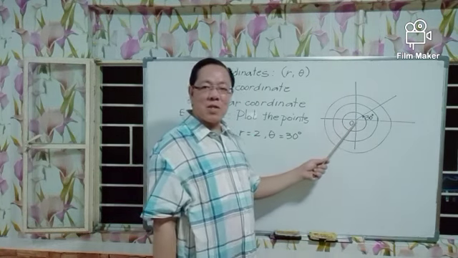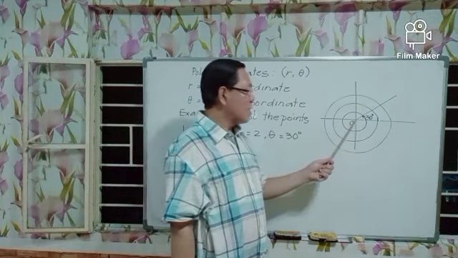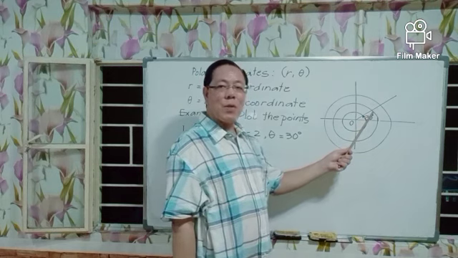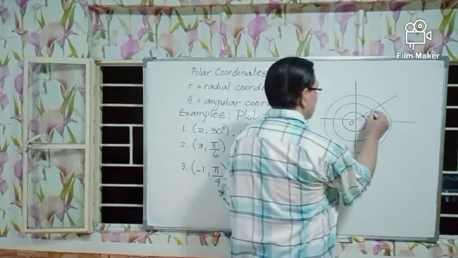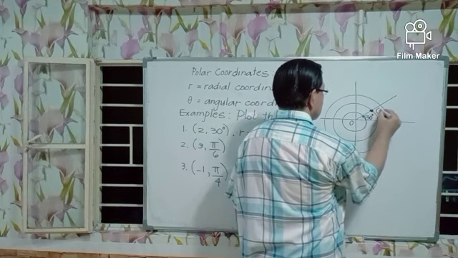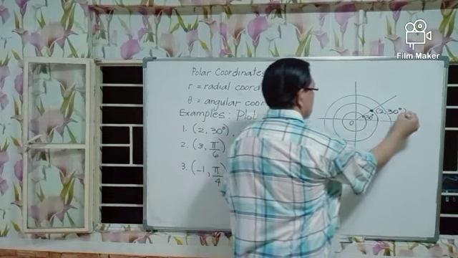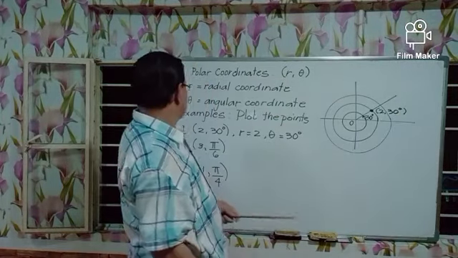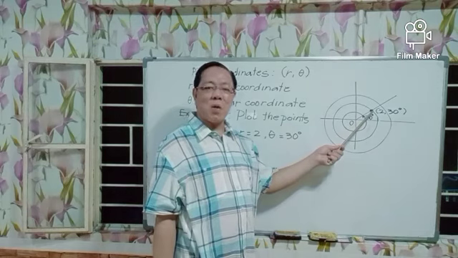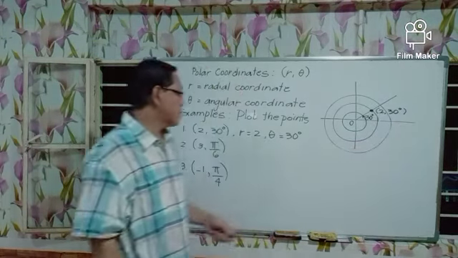Now after measuring 30 degrees, you measure 2 units from the origin. From the origin, this is 1 unit and then 2 units. And this is the point with polar coordinates 2, 30 degrees.